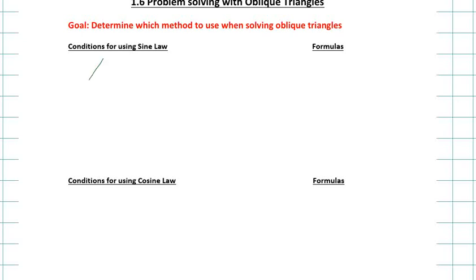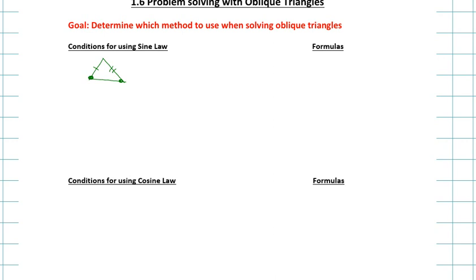If I have a side and another side, so I have two sides here, these are given to me. So I must have this angle right here or this angle right here, because these are the opposite angles to the given sides.